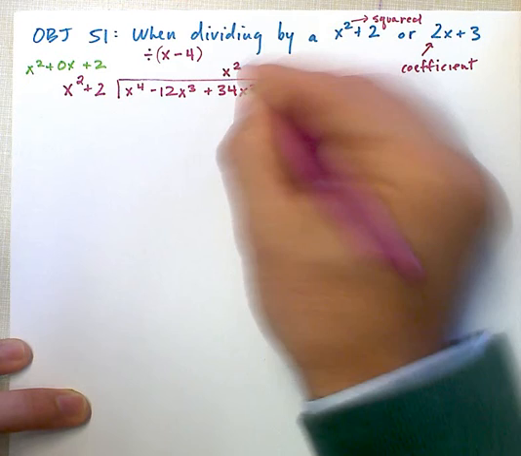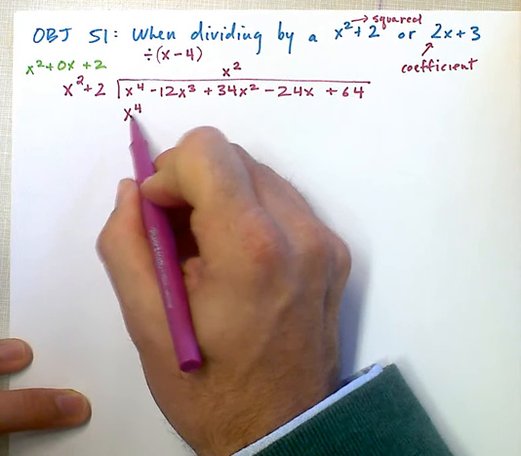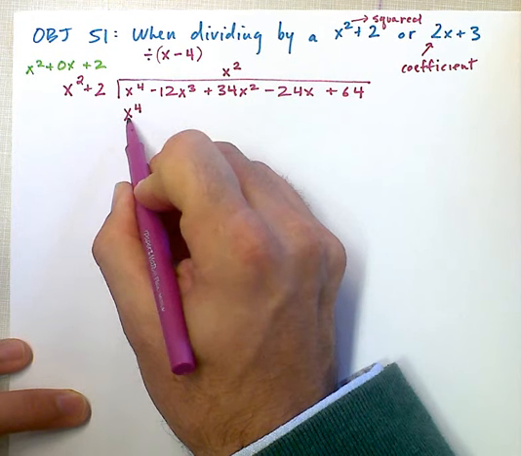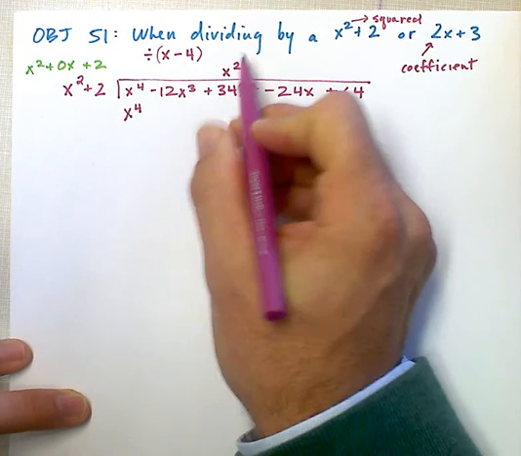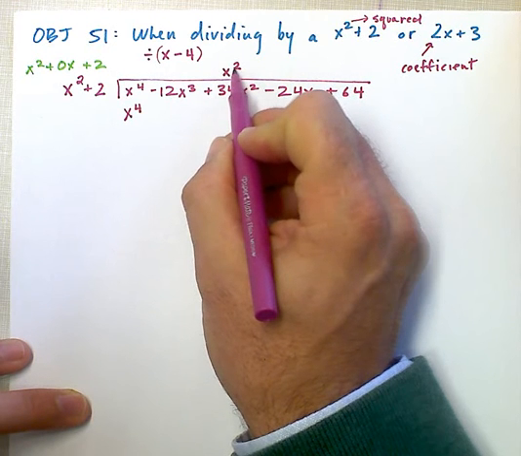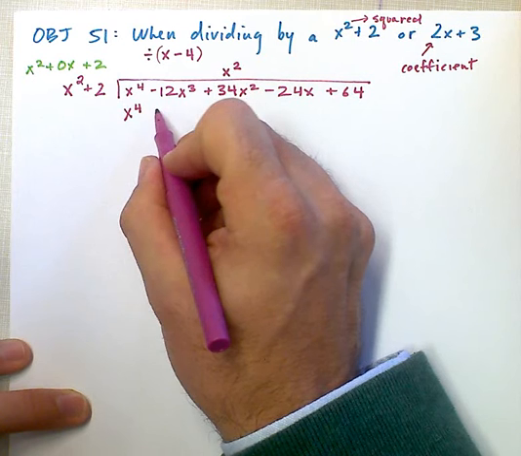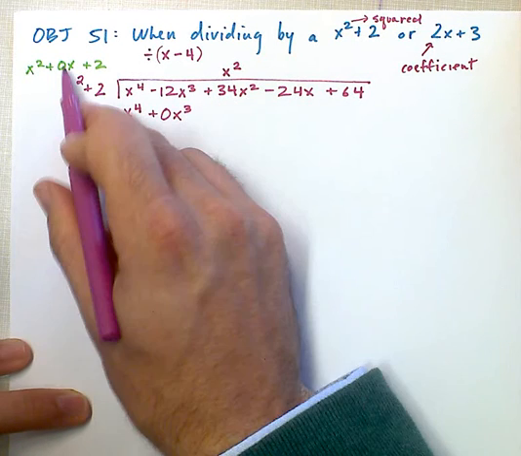and say, okay, x squared times x squared, x to the fourth. That's going to help me eliminate this highest degree, or x to the fourth. But I have to use a place filler, so basically the x squared is getting multiplied by that 0, so you have a plus 0x3. So actually you have a placeholder in the divider at this point.